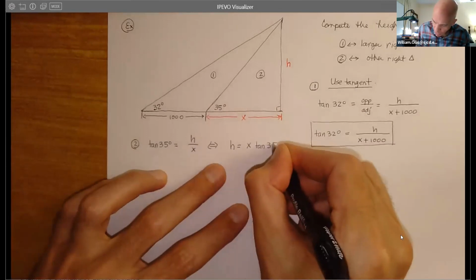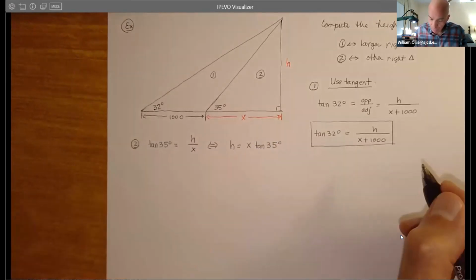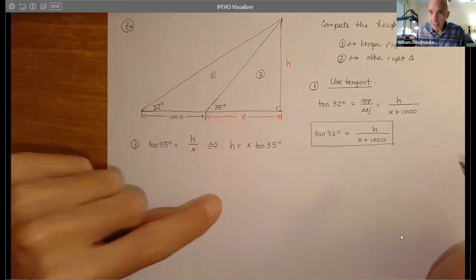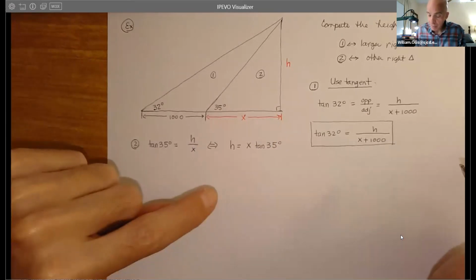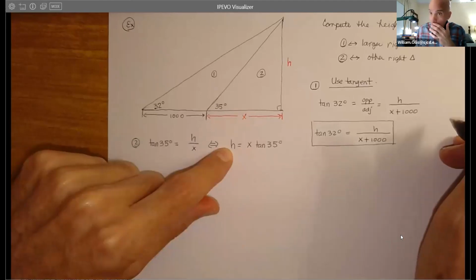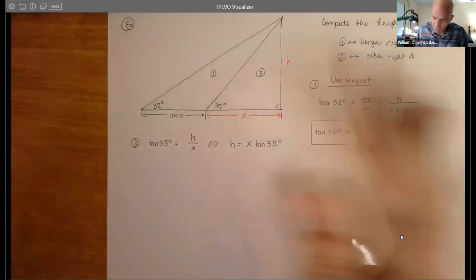So there are many ways to do this problem. I could set the h's equal and solve for x, and then substitute here to get h. That would be one way to do it. There are a huge number of ways just by looking at this.